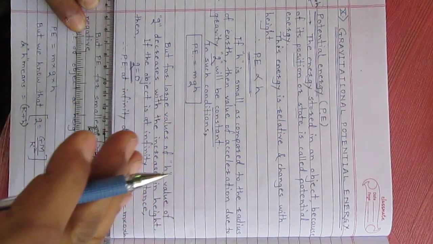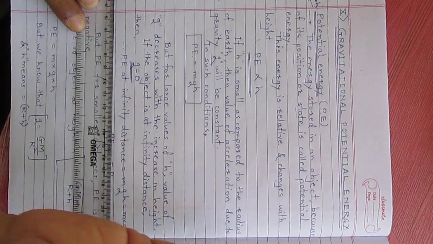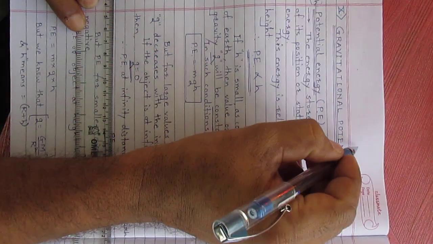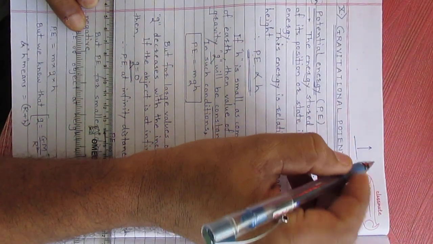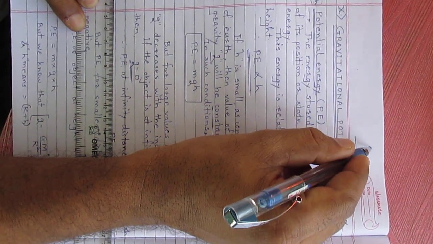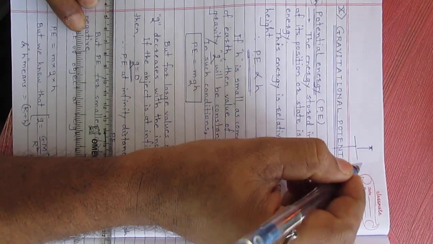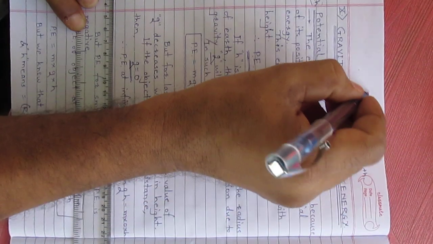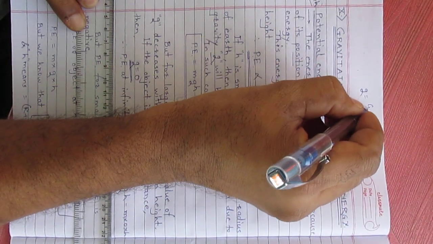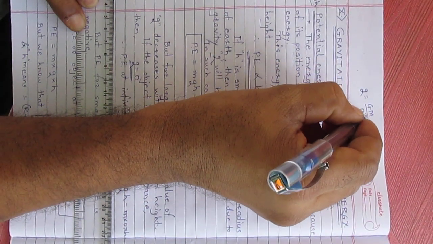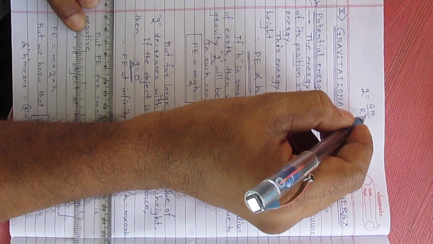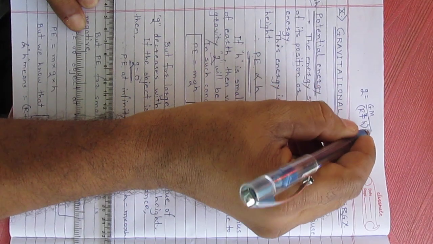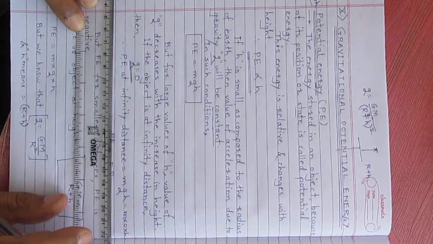as we have studied in earlier parts of this chapter, as the distance from the surface of the earth increases, the distance of the object from the center of the earth increases, like this: r plus h. And we know that g is equal to GM divided by r squared. Here r gets changed into r plus h, that means it will be (r plus h) raised to 2.